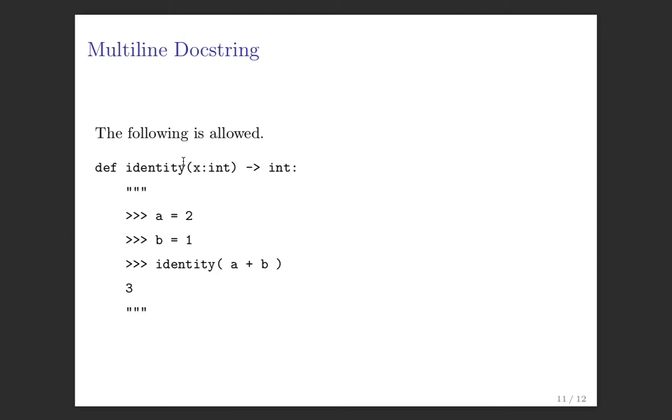Stuff like this is allowed, right? So you actually can do a bunch of calculations in the docstring and then use that computed value in your doctest. So you're free to say something like A is equal to 2, B is equal to 1, take the identity of A plus B, and the expected return value is 3.